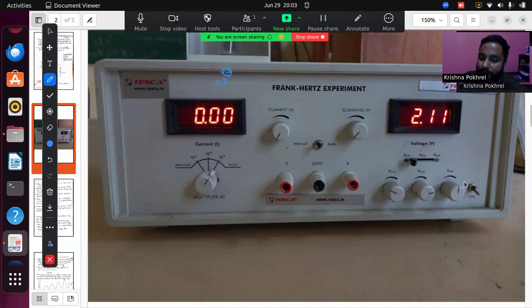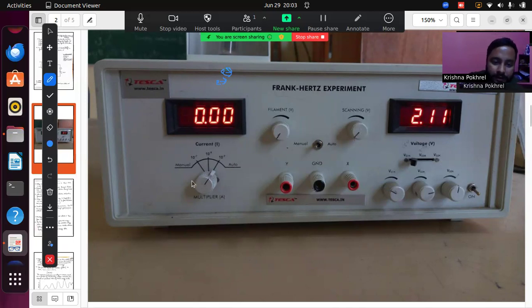We'll take this value up to 0 volt and, at a difference of 2 volt, we'll take the reading. The current reading will be shown here, and the voltage reading will be shown here. As we can see, here is voltage and here is current, and there are two different values for filament and scanning. We'll take it to the minimum value. We'll not give more, we'll take a very small value for this, compared to 0.